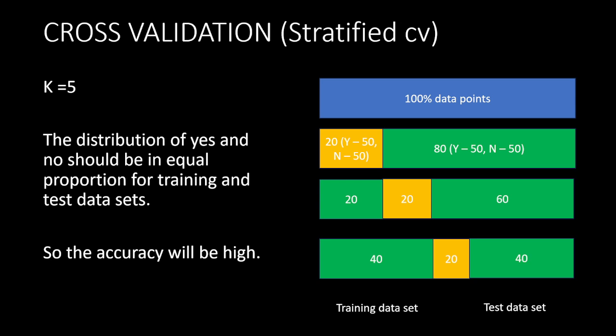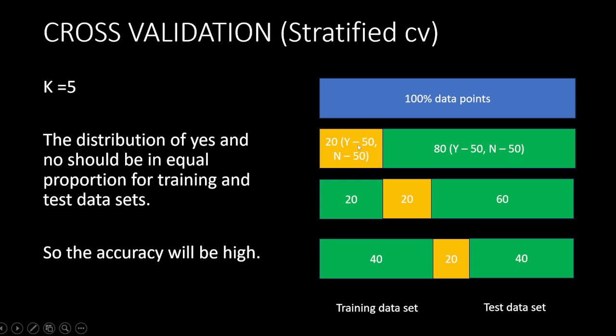In stratified cross validation, the same process is repeated, but whenever you are training the data, we have to make sure that the proportion of division between yes and no is equivalent for the training set as well as for the test set. Say the test set has 50 percent yes values and 50 percent no values.